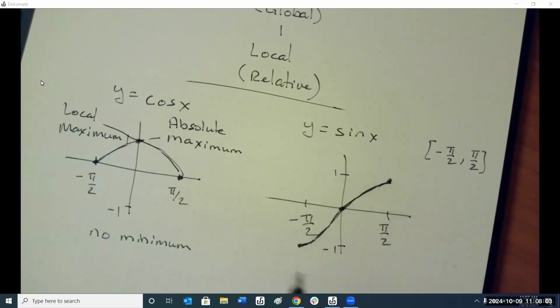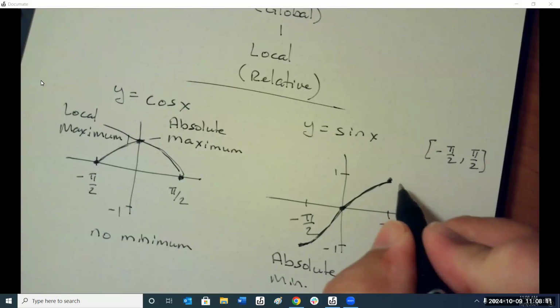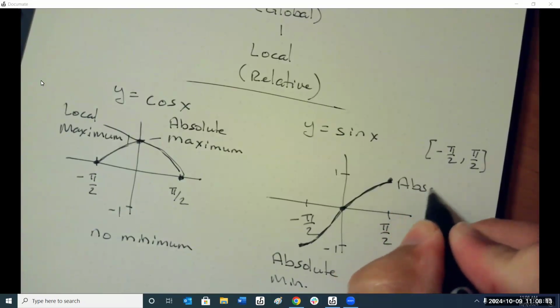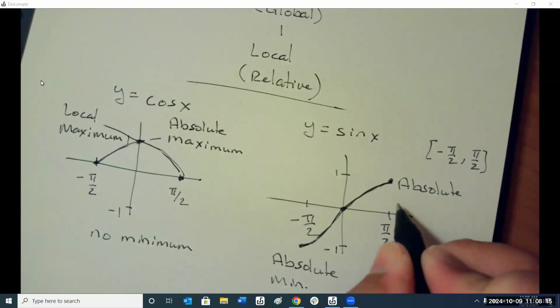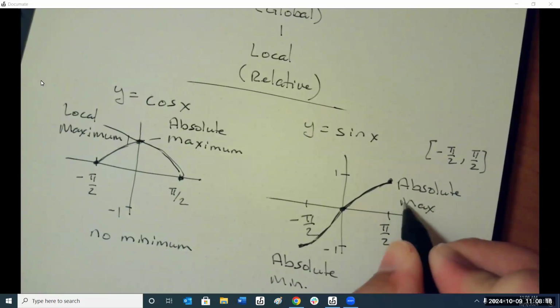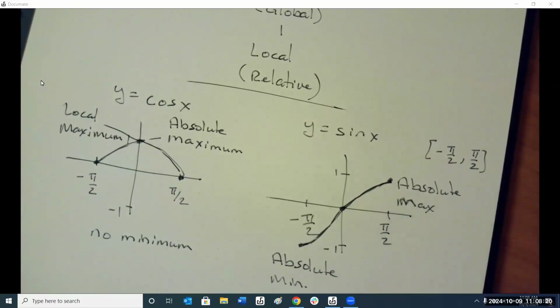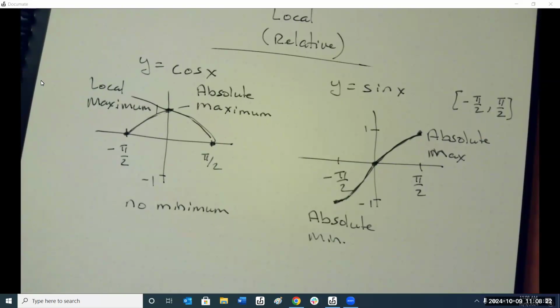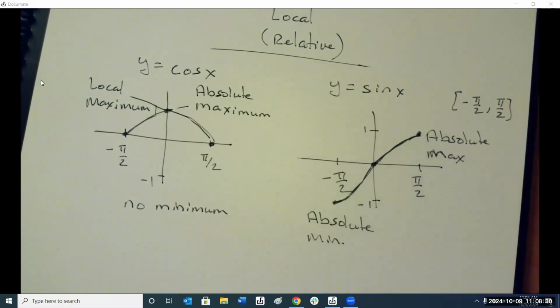Unlike the sine function, we have an absolute minimum and an absolute maximum, because there's no other lower level than that, no other higher level than that.